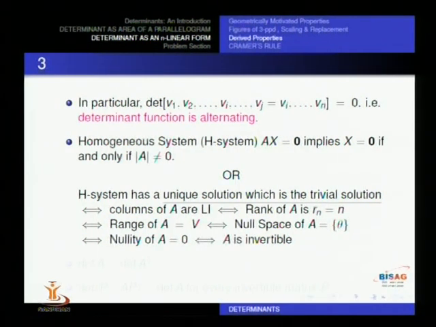So here we are going to talk about a generalized homogeneous system, as you can see on the screen. Whenever we have Ax equal to 0, that always implies x equal to 0 if and only if the determinant is non-zero.